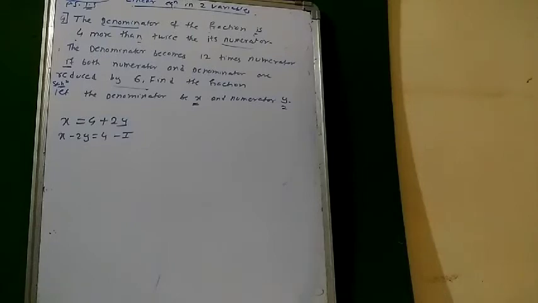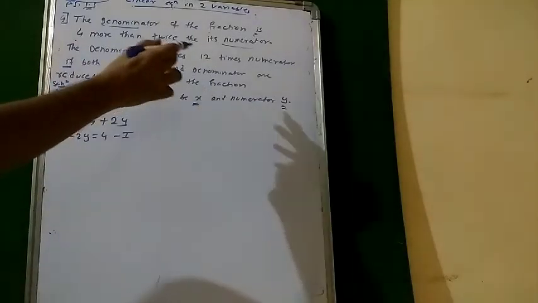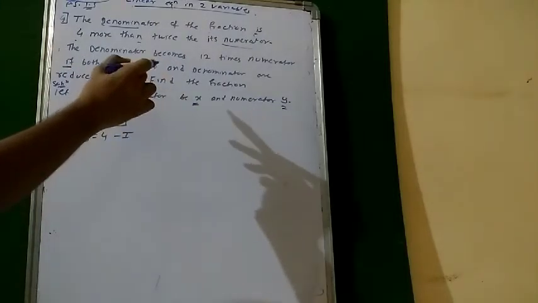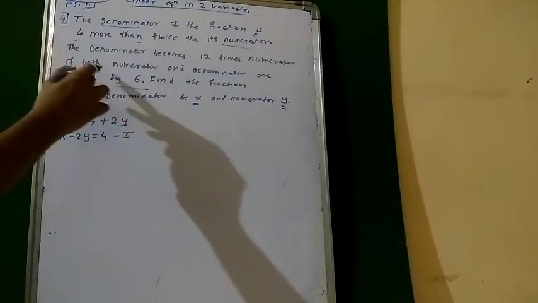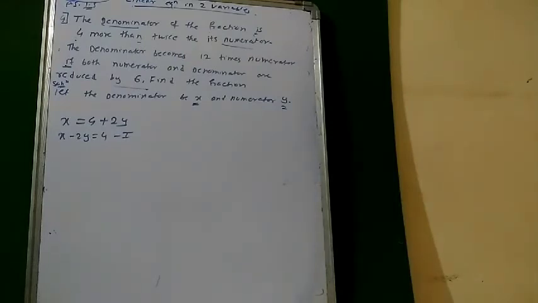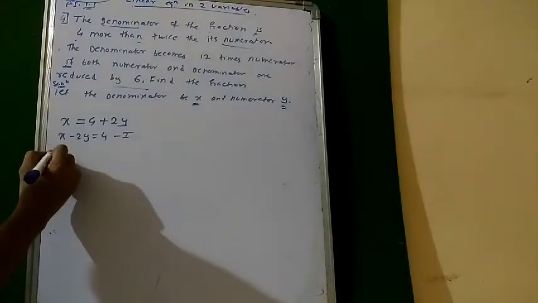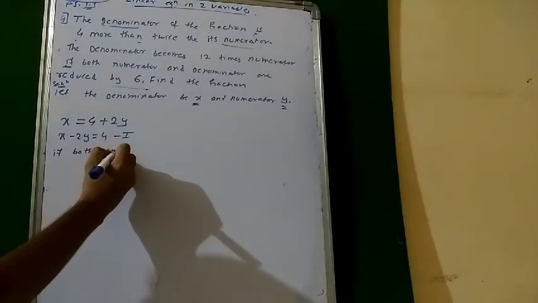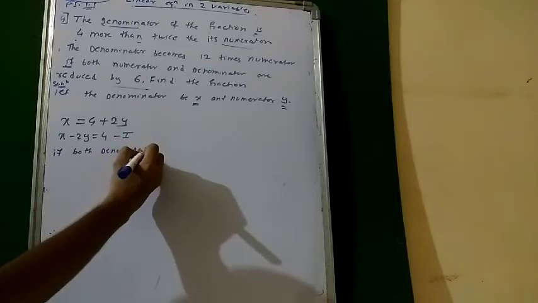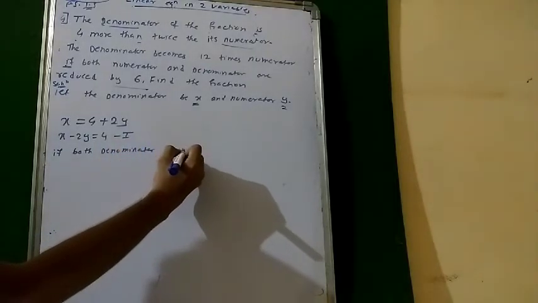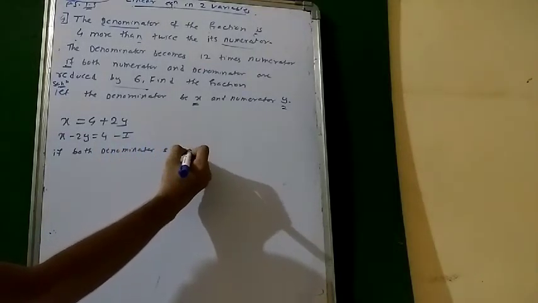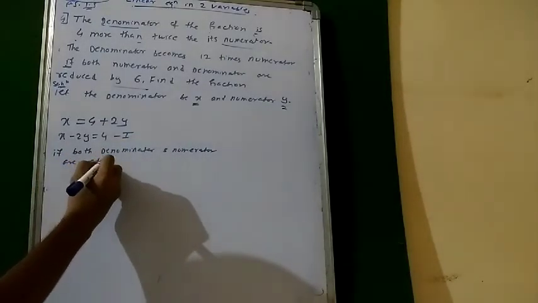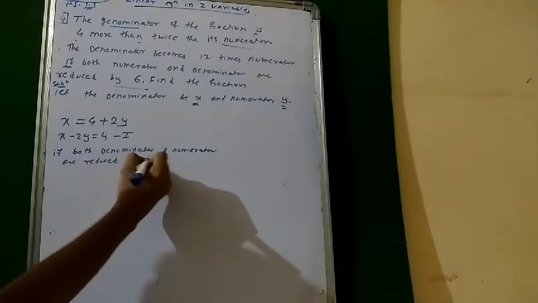Okay. Now the second condition. The denominator becomes 12 times the numerator if, what is the condition? If both the numerator and denominator are reduced by 6.